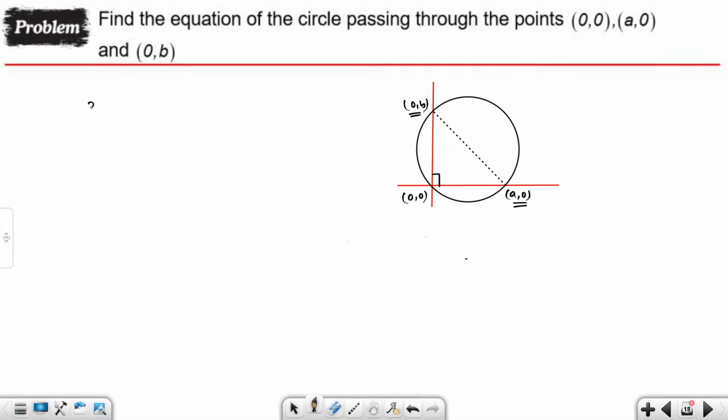Therefore, its equation will be x minus x1 into x minus x2 plus y minus y1 into y minus y2, which is equal to 0. So from here, the equation of the circle will become this.